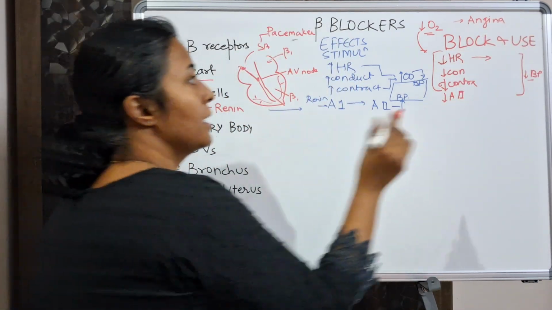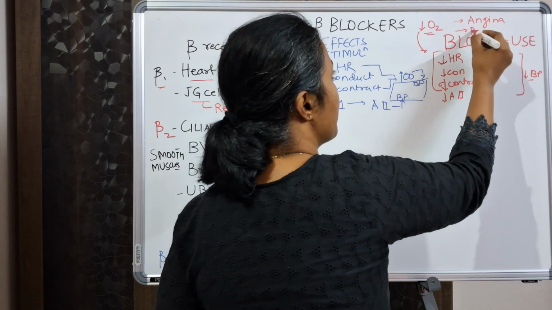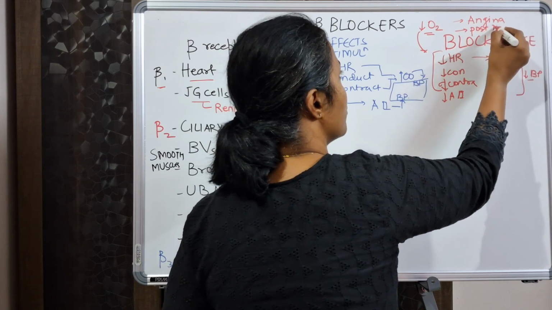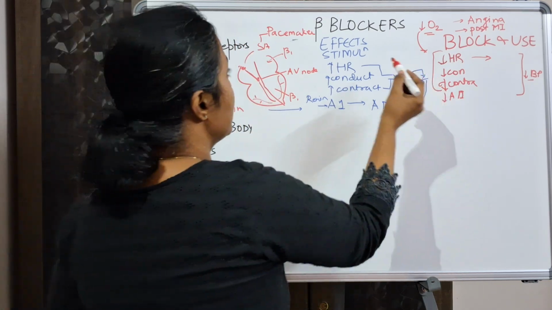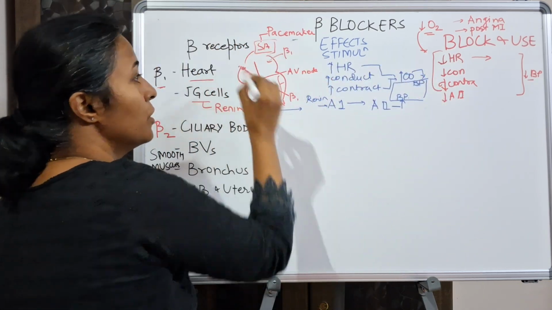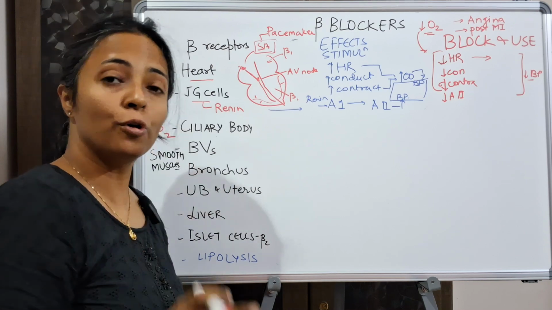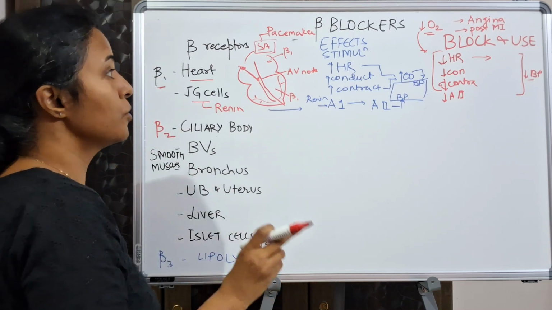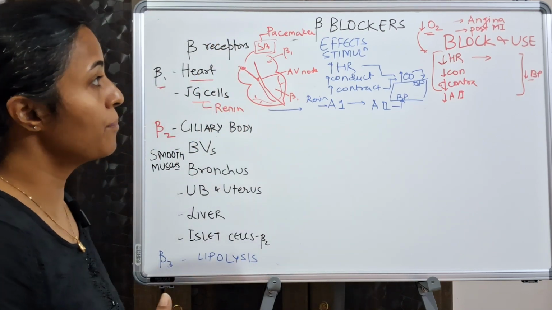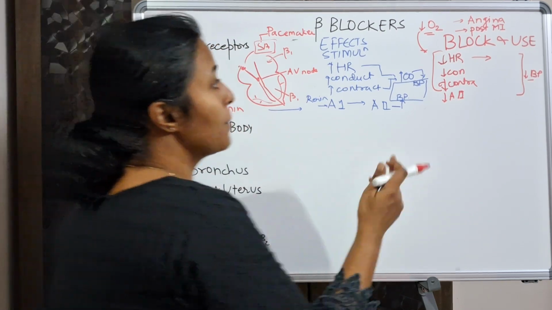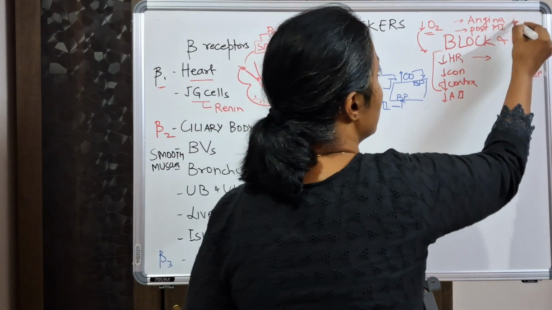They are also used post MI, post myocardial infarction. Then, because they decrease the effect on the SA node, they also decrease automaticity, the ability to generate automatic impulses, and because of that they are used in arrhythmias.